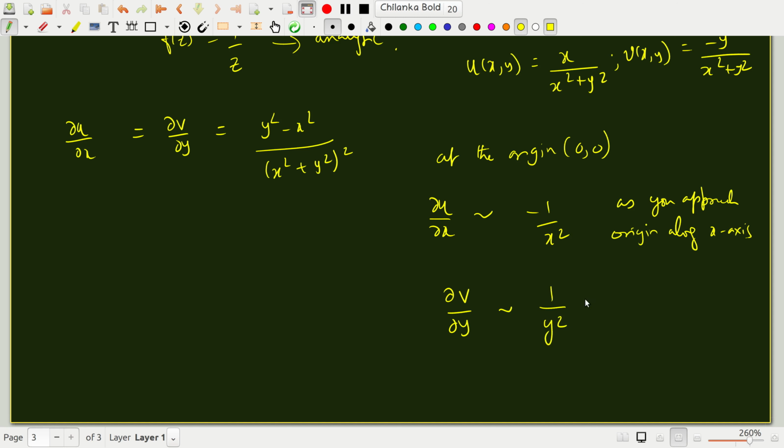So although these partial derivatives are equal everywhere else, at the origin they are not the same. So at the origin, the CR equations are not valid.